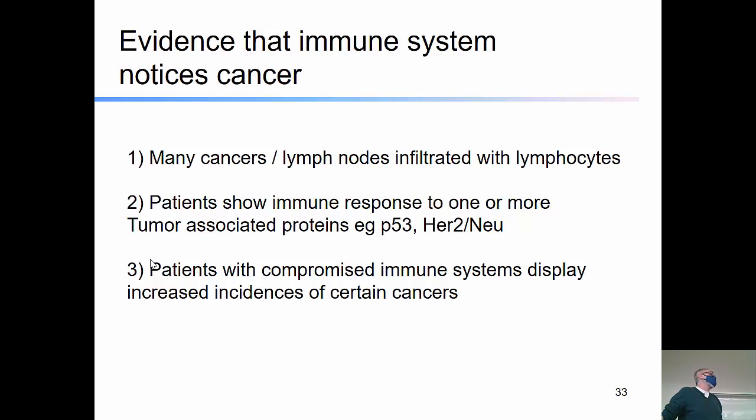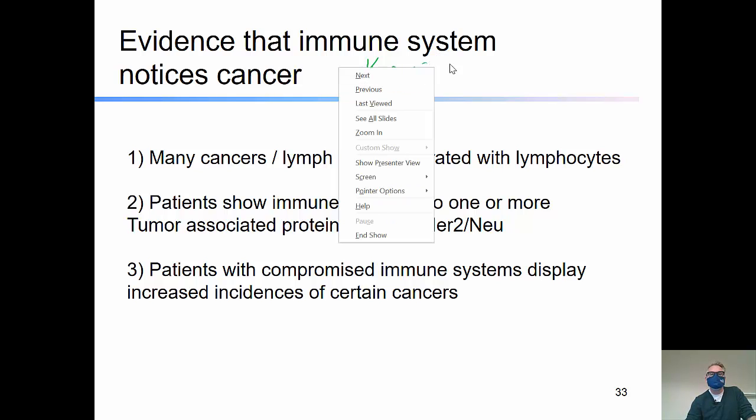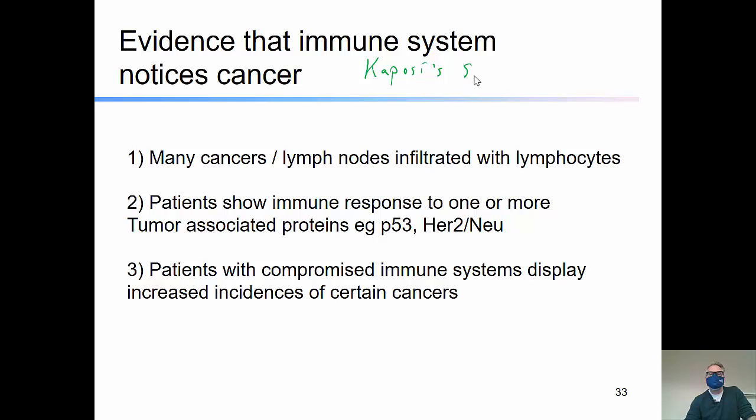And then the last one is that people who have compromised immune systems have a much higher likelihood of certain cancers. The statistics that I have are that, for example, for HIV, one of the things that was noted early, sort of in the 80s, was that there was a very rare type of cancer called Kaposi sarcoma.